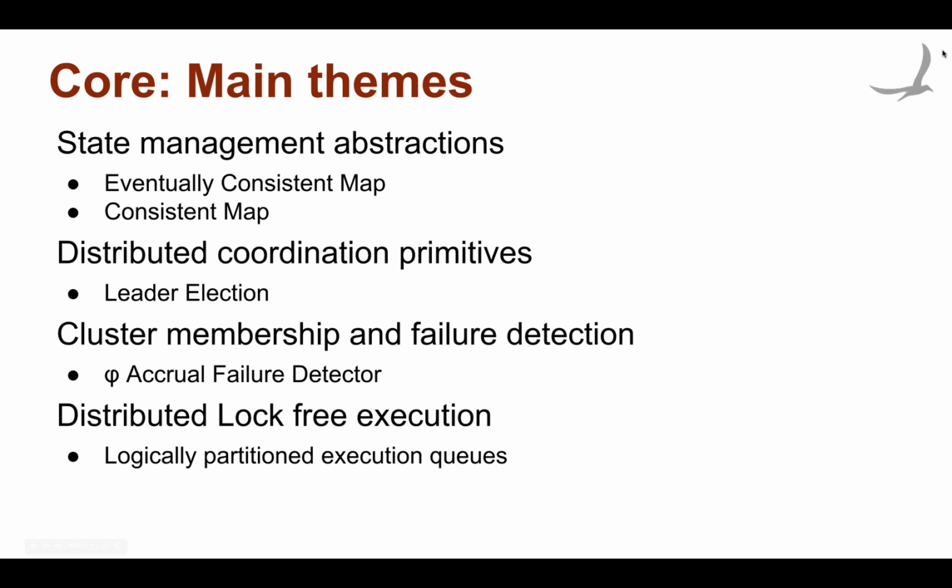The other abstraction is a strongly consistent map. There are use cases where having an eventually consistent system would probably not work, because they need stronger guarantees. Examples include when you are handing out resources to different applications: you cannot afford to be loose about which resources were given out to which applications.